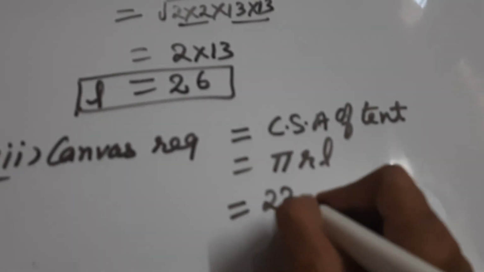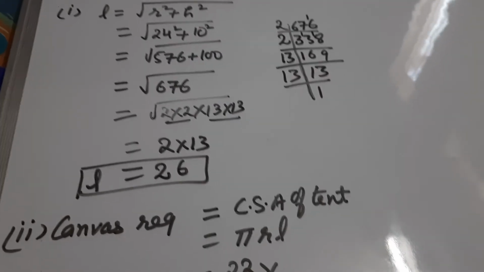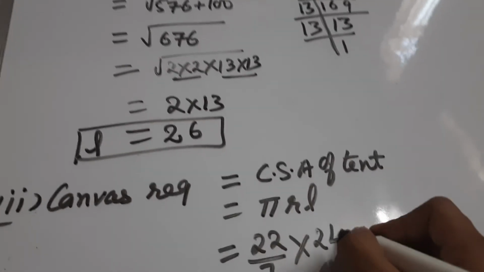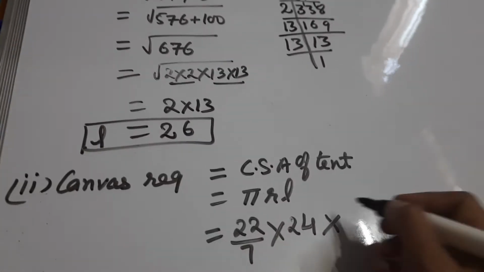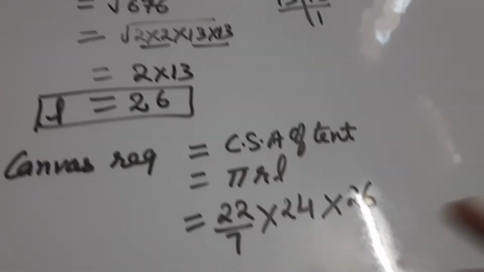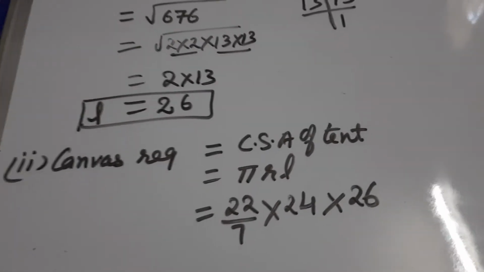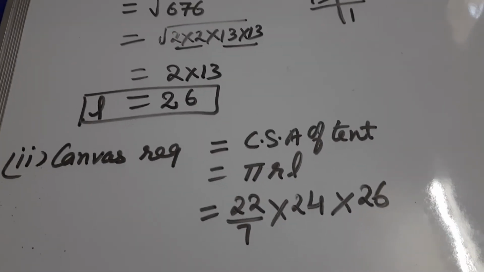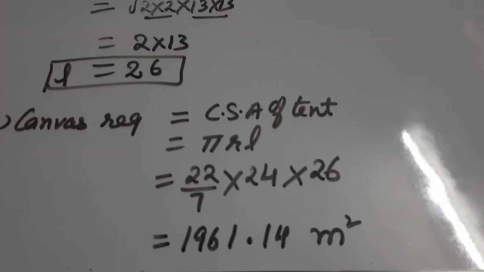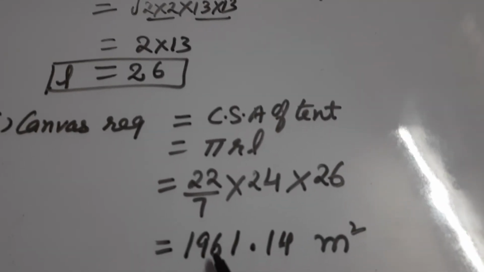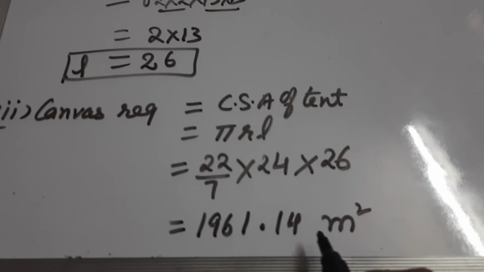So pi is 22 by 7 into radius. What radius is given to us? Radius is 24 into slant height we got from the first part, 26. By solving it you will get the canvas required.